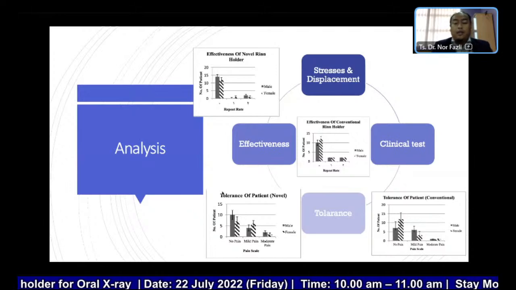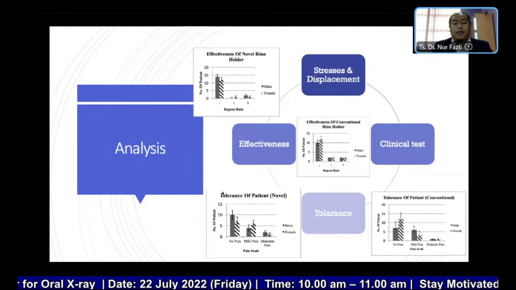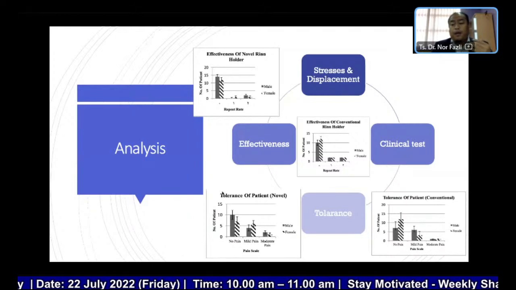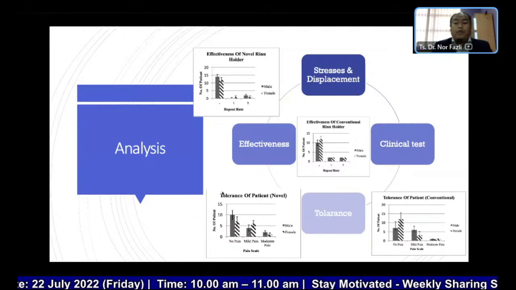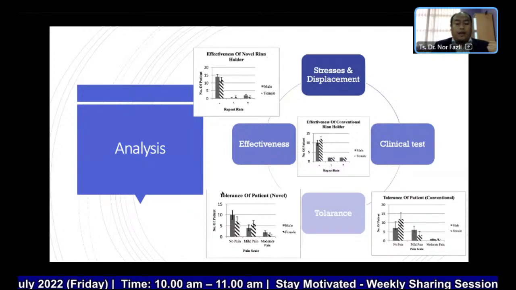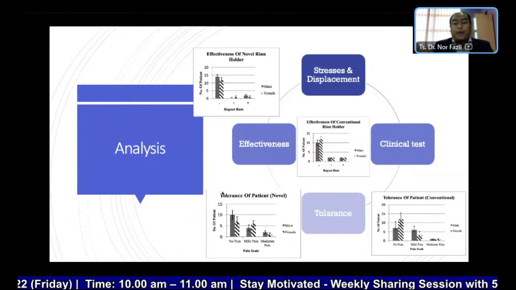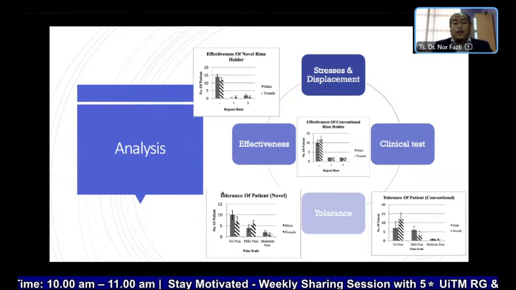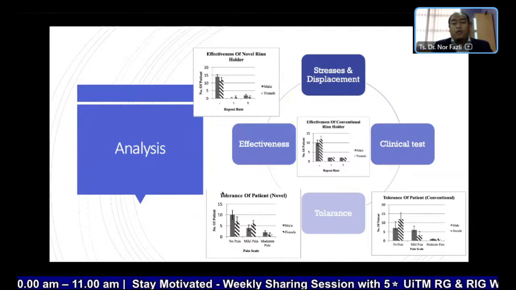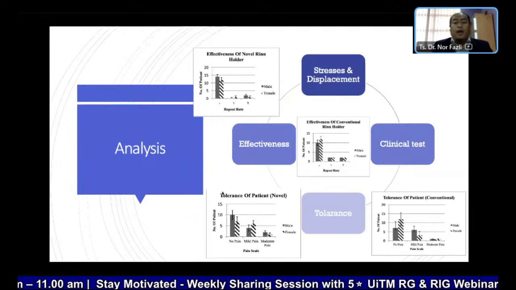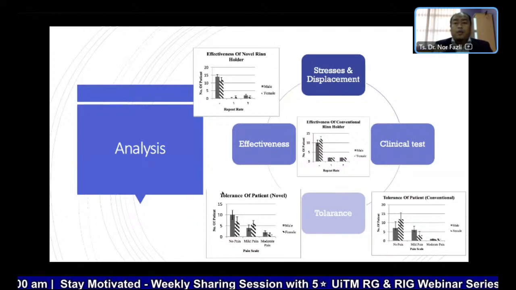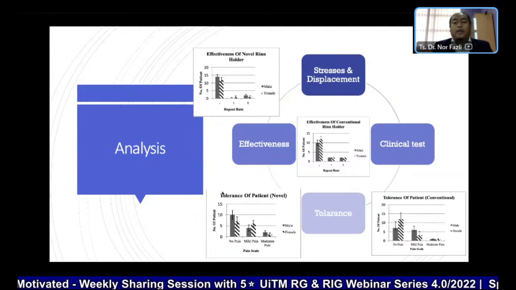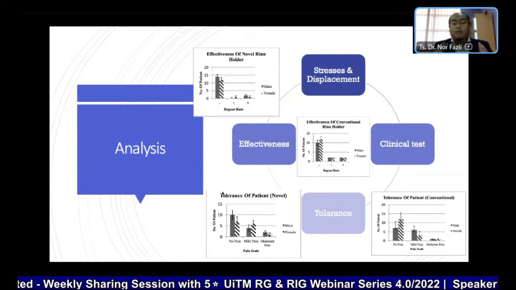The slide shows the conventional and the new design Rinn holder. It shows the tolerance of pain. We investigated moderate pain or mild pain in the patient, and on effectiveness, we looked in detail at how many images should be taken during the X-ray.